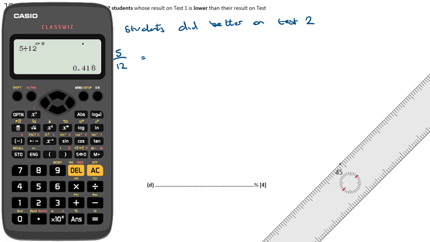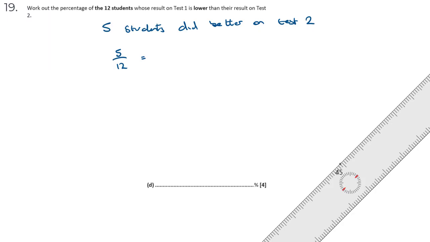Which is 0.417 rounded off, which is equal to 41.7%, to 3 significant figures because I rounded it off. So my answer is 41.7.